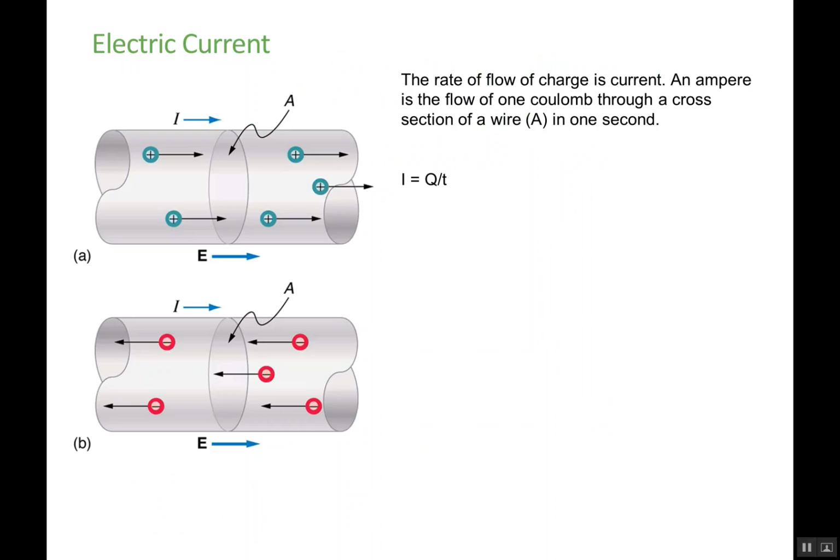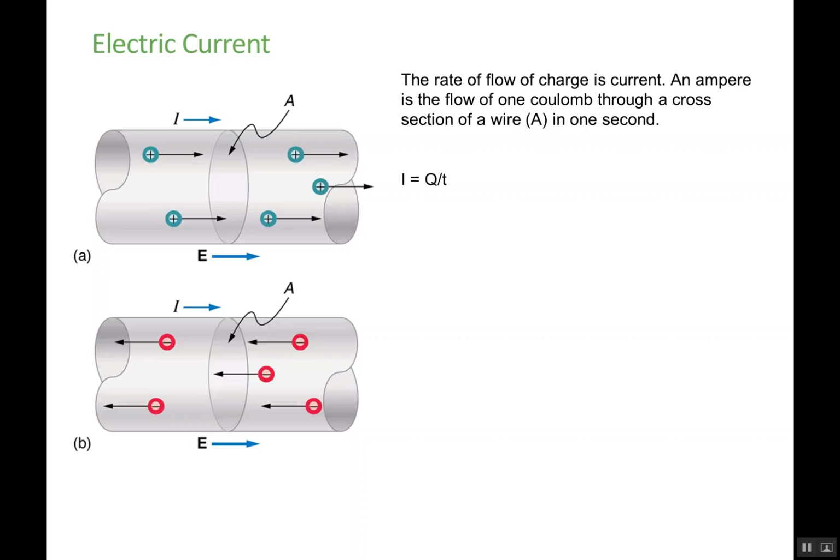Electric current is the flow of electric charge through some material or through some medium. Usually in physics, we're focused on electric currents flowing through solid state matter like wires, conductors, copper wires, aluminum wires, that sort of thing.